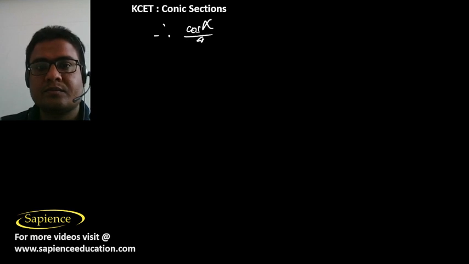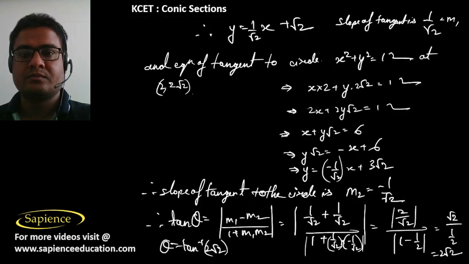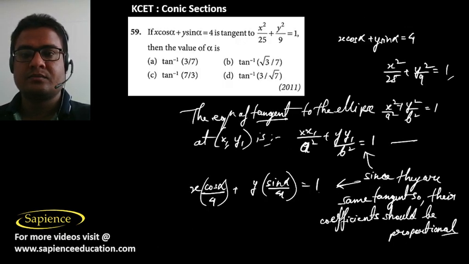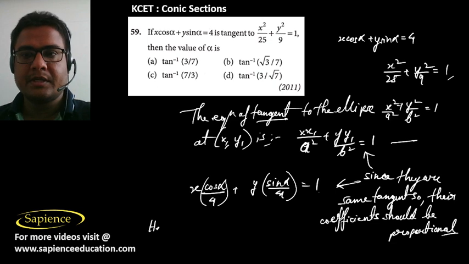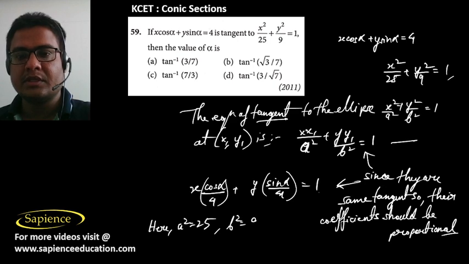Therefore cos alpha by 4 is equal to... so here a square is 25, and b square is 9.